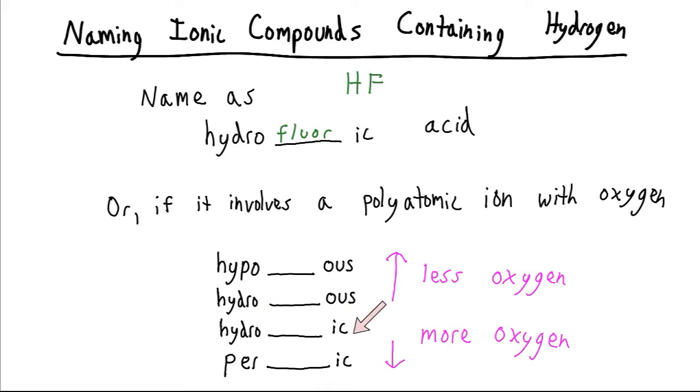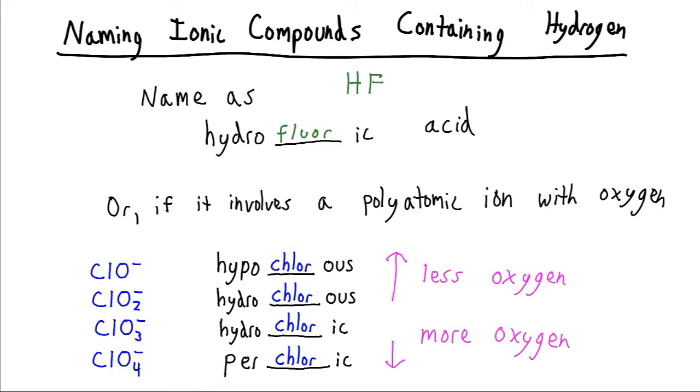And then if we have something that has one less oxygen, then that will become the ous form. If we have one that has two less, that will become the hypo blank ous form. And if we have one that has an extra oxygen compared to this case, then it will be the per ic form.